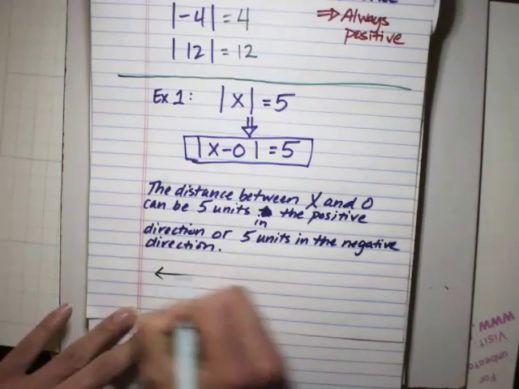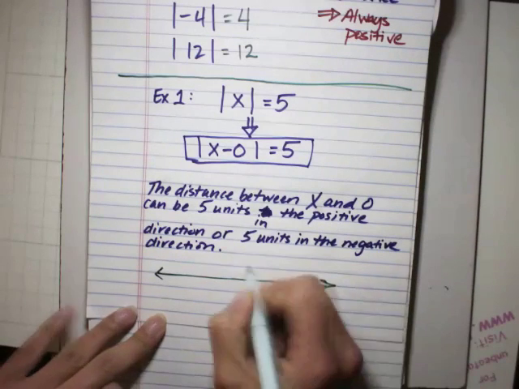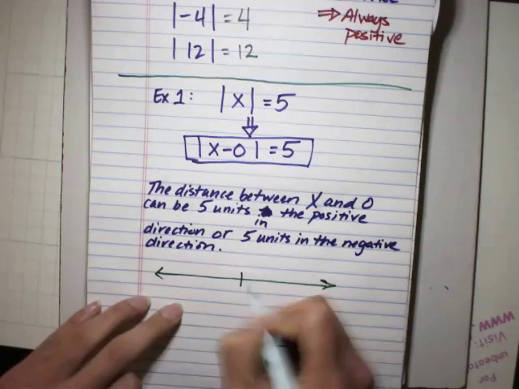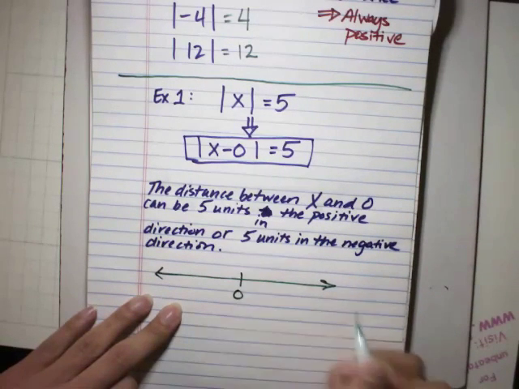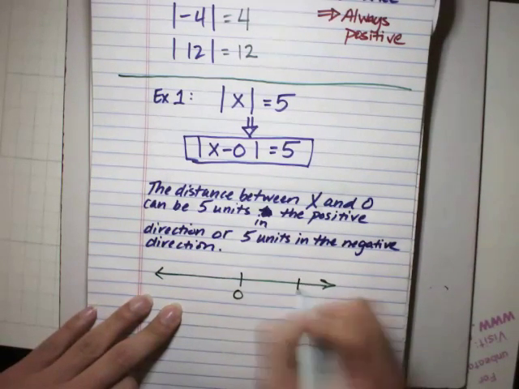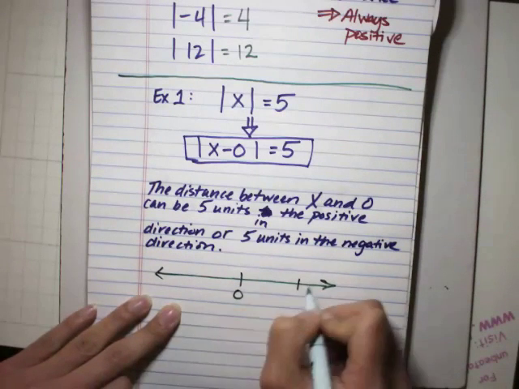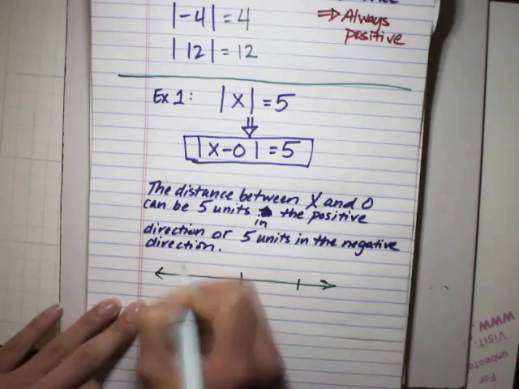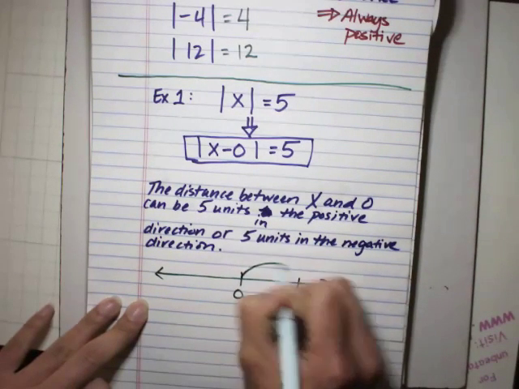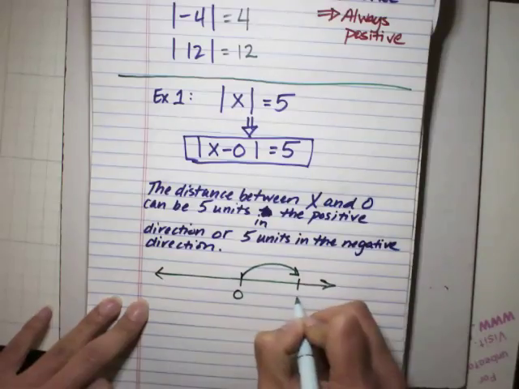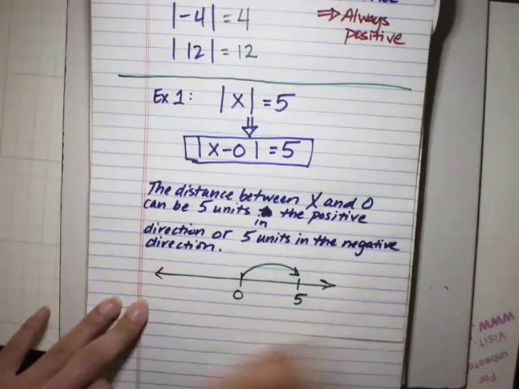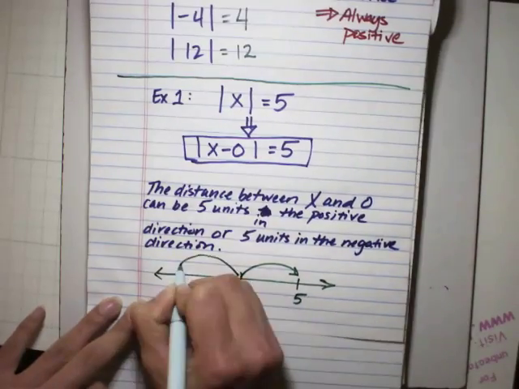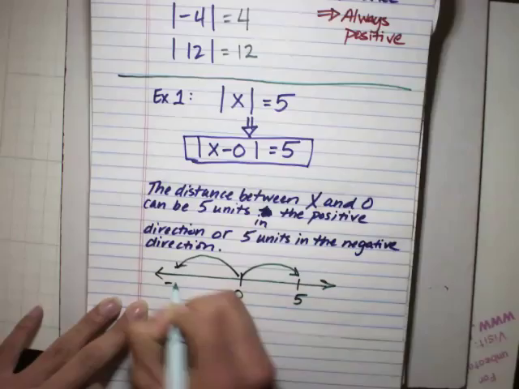Okay, I want you to graph this. Here's 0. And x is going to be somewhere, it could be to the right of 0 or to the left of 0. We know that it's going to be 5 steps. So 5 steps over here would be positive 5. 5 steps to the left would be negative 5.